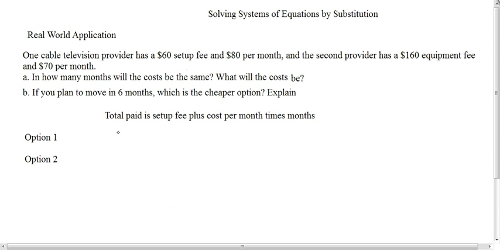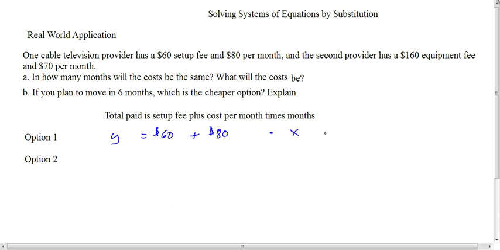So we can say Y, this is option 1, total paid, equals our setup fee, $60, plus cost per month, $80, times, and let's let X be our months.